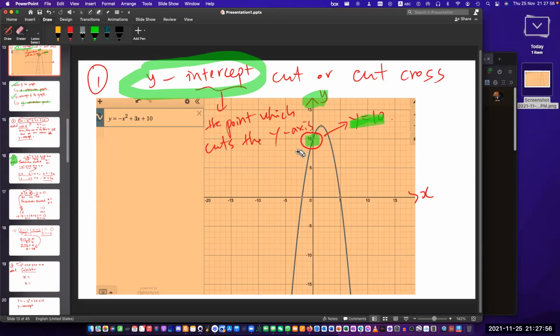What's your observation here? What's your first observation? One value only, right? Yeah, one value only. Compared to the roots, two values. So for the y-intercept, one value. What's your second observation?